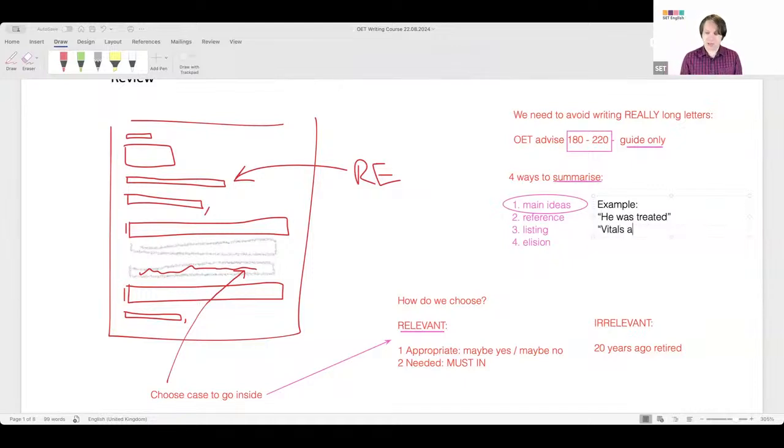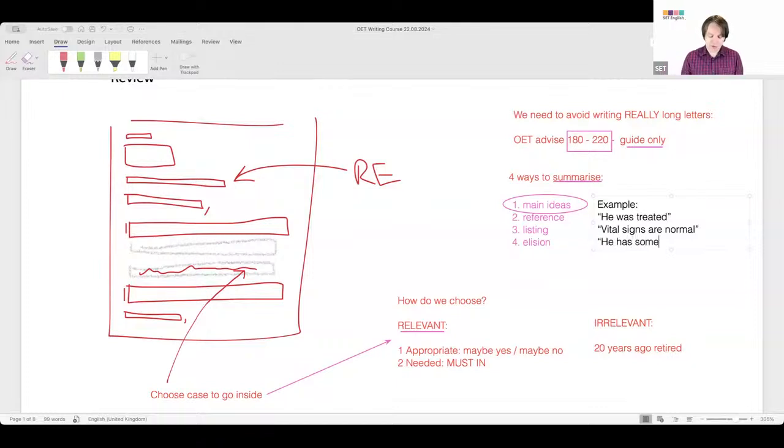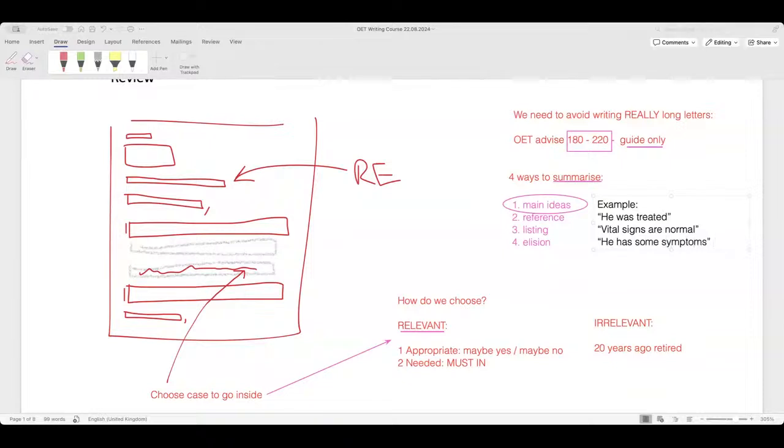Vitals are normal. Her stay in the hospital was not complicated. Yeah, anything where you're not really giving the details of it. You're just saying he was treated, right? You could say he had some symptoms. Am I saying what the symptoms are? No, right?